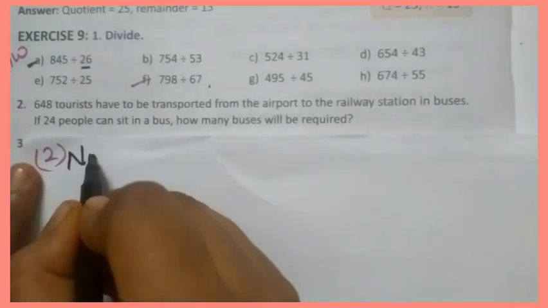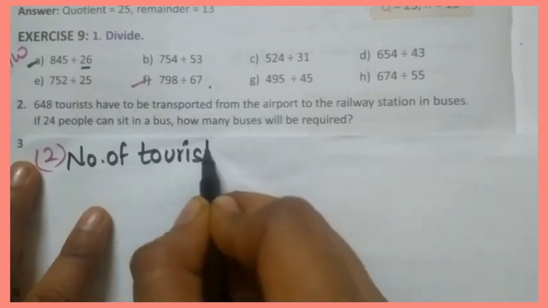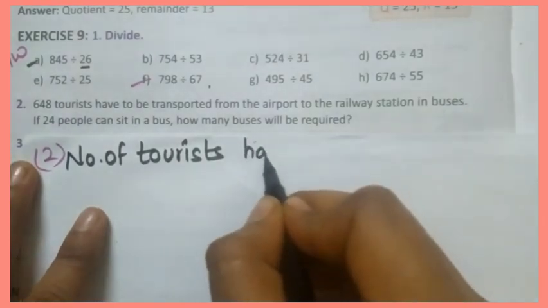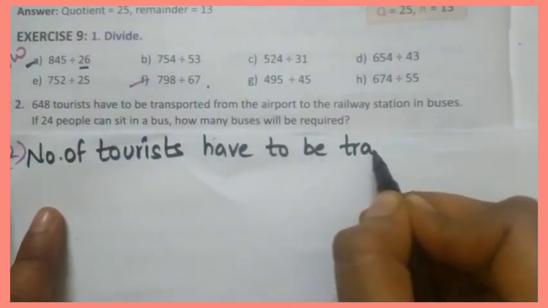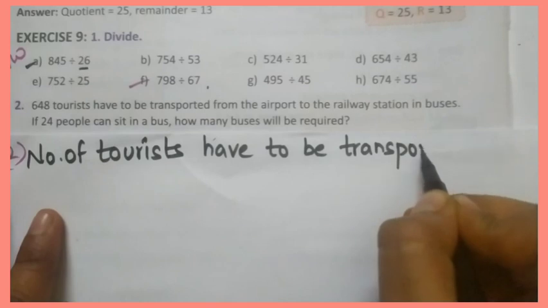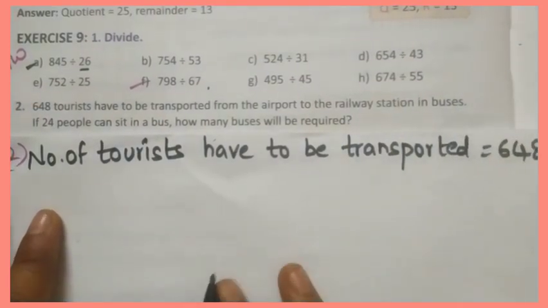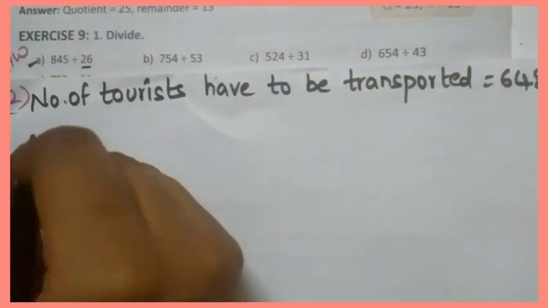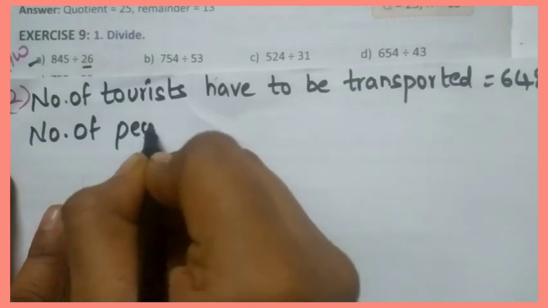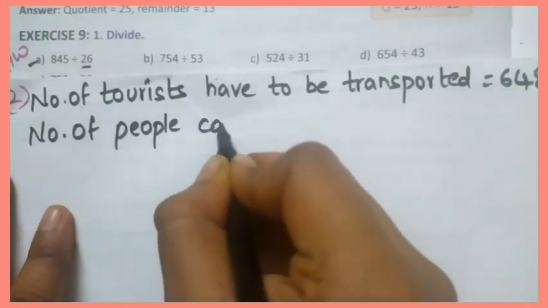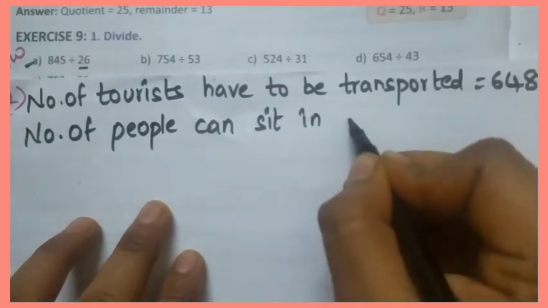We'll write like this: number of tourists have to be transported. How many? 648. Now next, number of people who can sit in one bus.